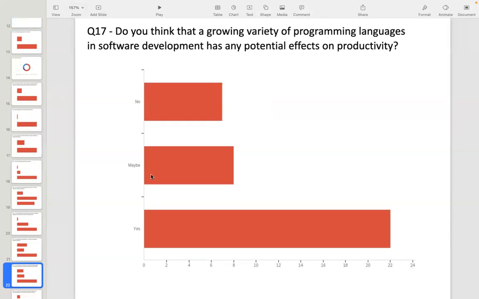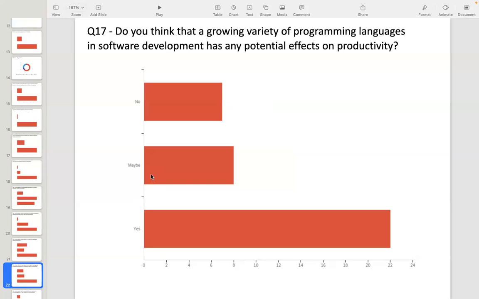Then we added, do you think that a growing variety of programming languages in software development has potential effects on productivity? When we designed this question, we had a clear view in mind that new technologies and languages are emerging every other day, and it is very difficult to get your hands on all these different technologies and languages.